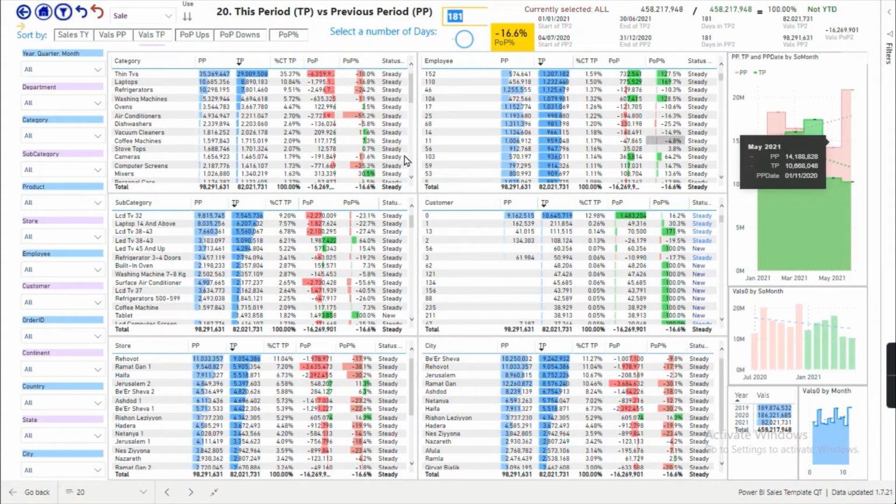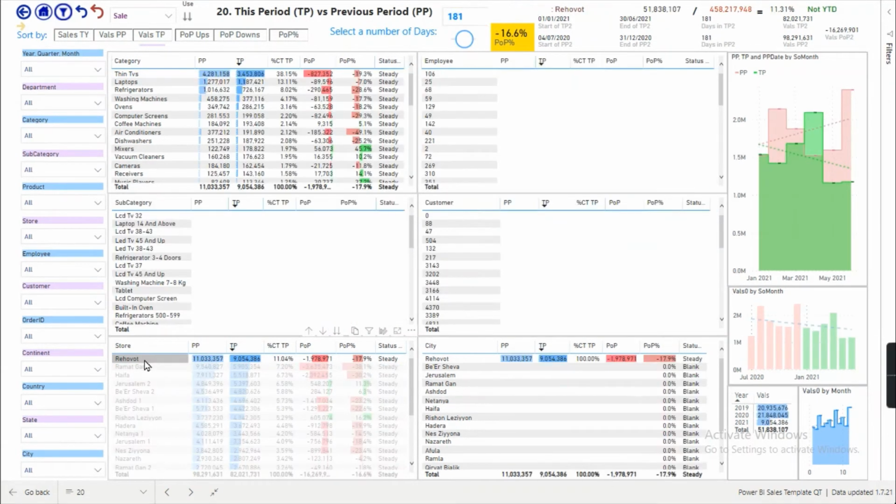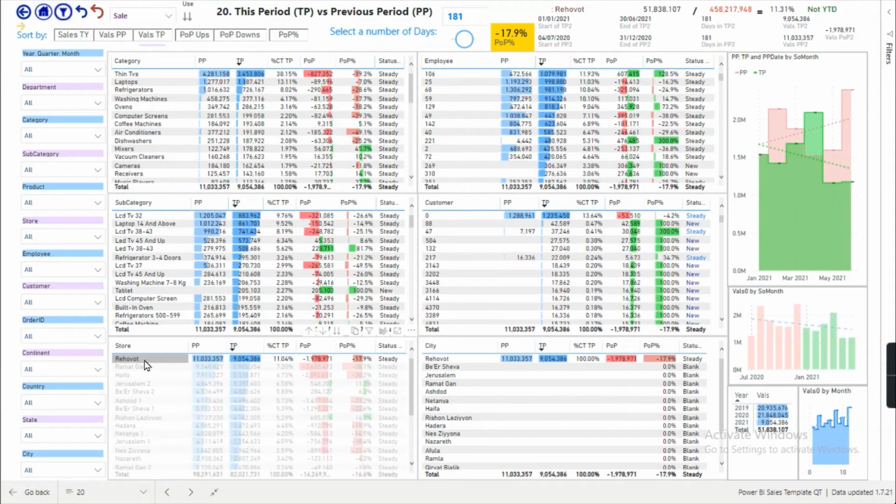Okay, let's see the biggest store, that is very indicative of the chain. It looks the same, up and down, 2 low months, May and June.